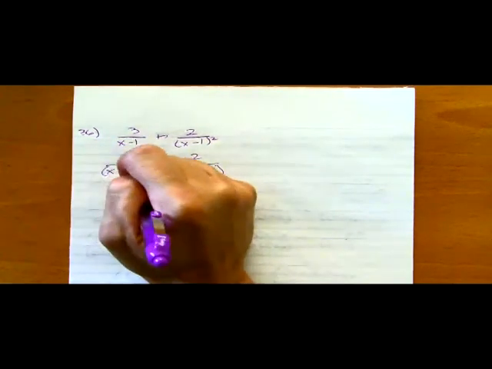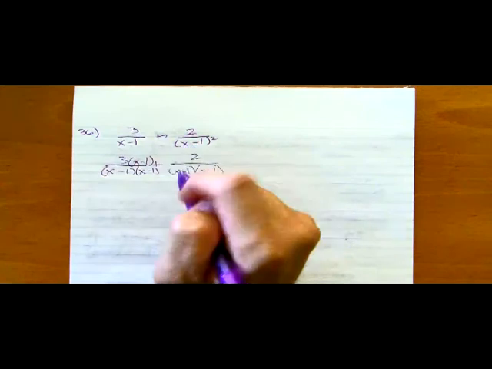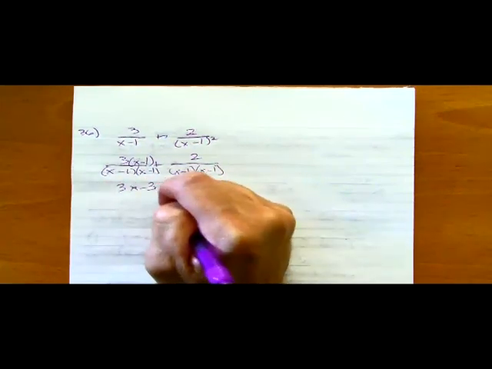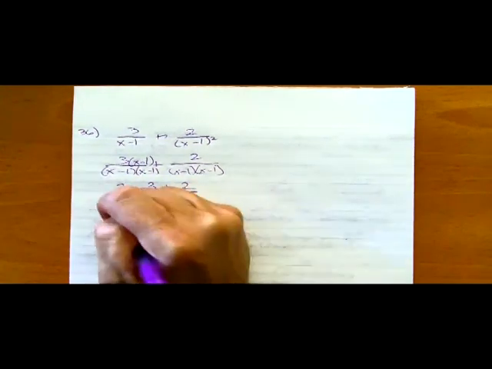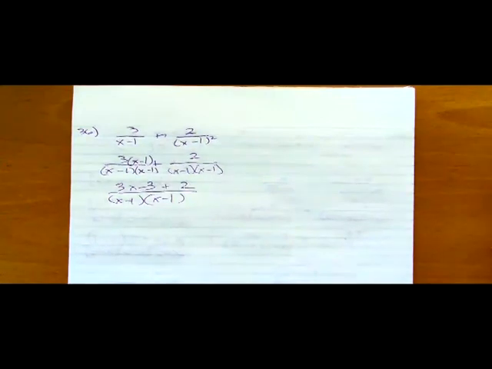Now, all we gotta do is figure out what we should multiply by to get the denominators to match. That first fraction is just missing an extra x minus 1. Now the denominators are the same. We can distribute the top over x minus 1, and then we can start combining the terms.